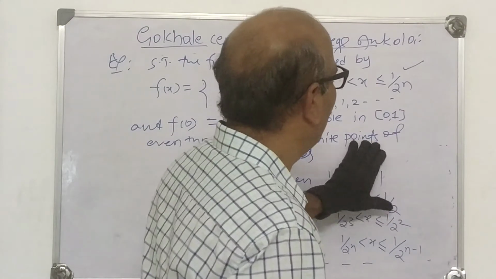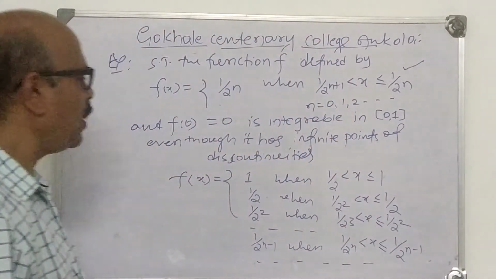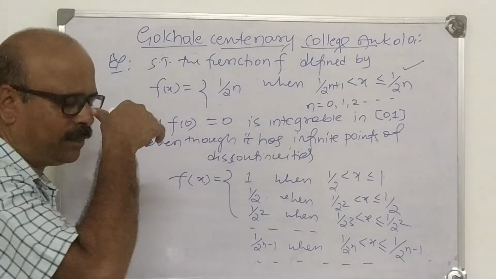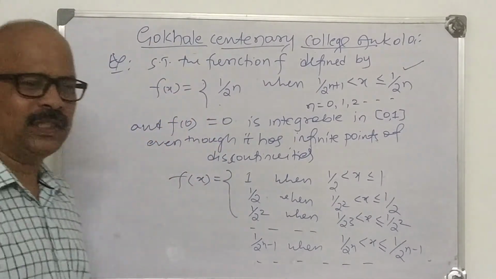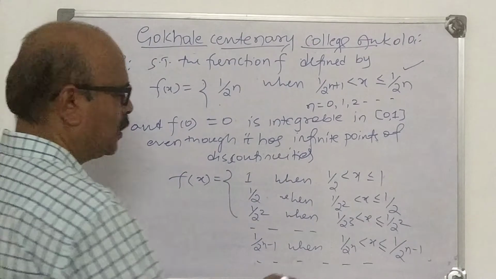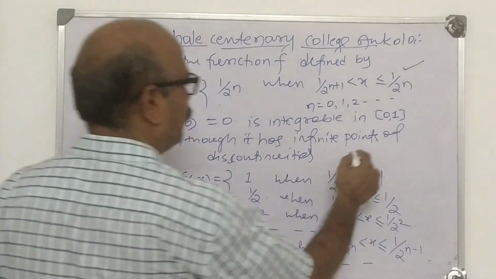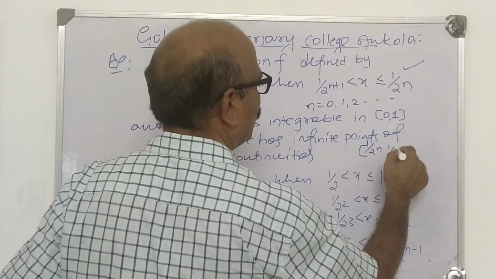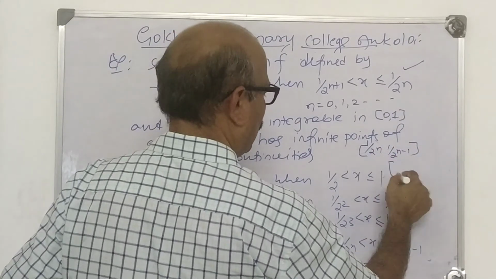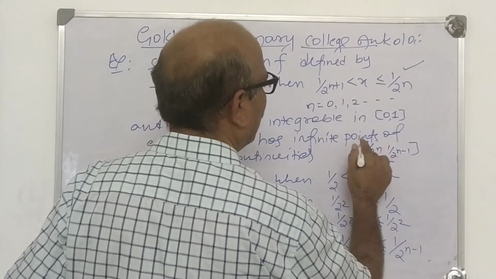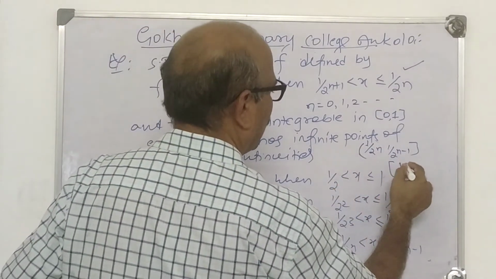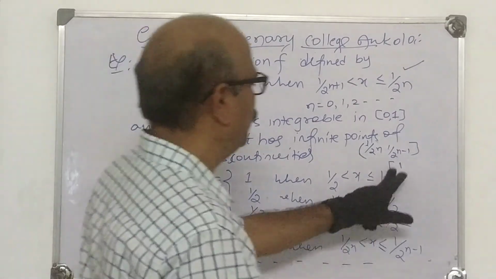And one more thing is, the function is monotonically increasing here. How do you say that the function is increasing? Because see here, the intervals are like this. I consider 1/2 raised to n, 1/2 raised to n minus 1, and so on.